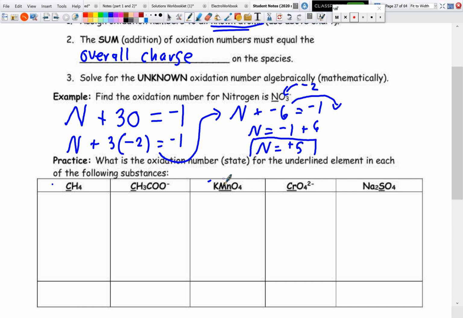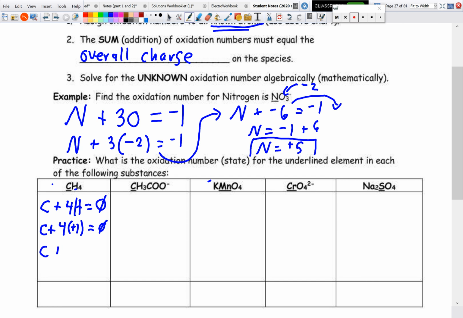But for those of you that just want to see a few more examples, for this one, methane, CH4, we have 1 carbon plus 4 hydrogens. The overall charge on methane, we see no charge up here, so the overall charge is 0 because it is a molecular compound. Now carbon plus the charge for hydrogen, from our previous chart always a positive 1, is equal to 0.